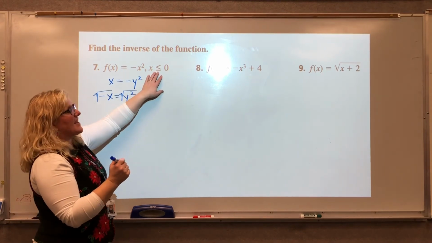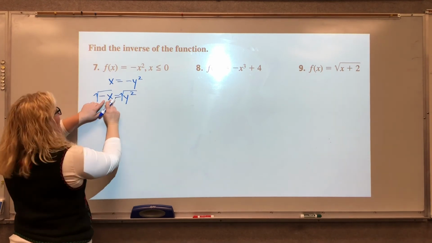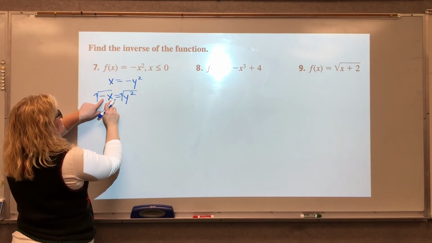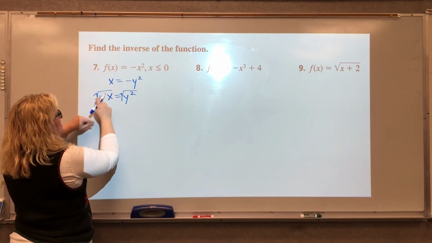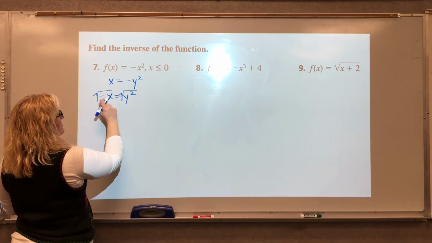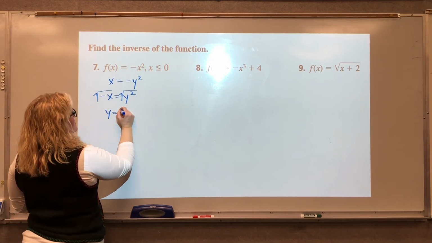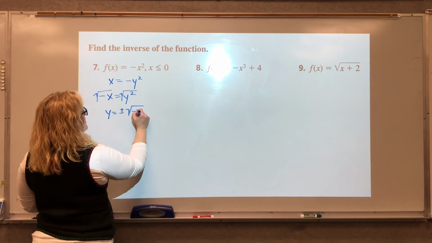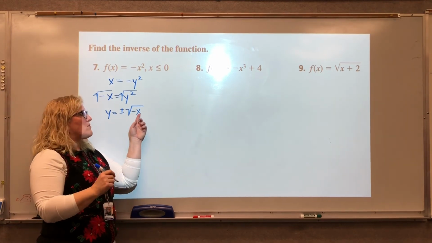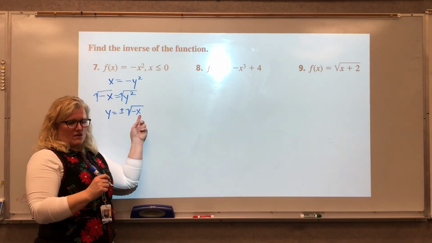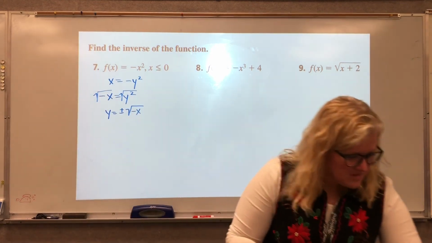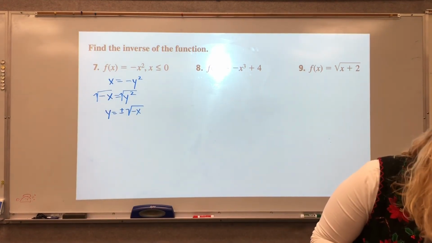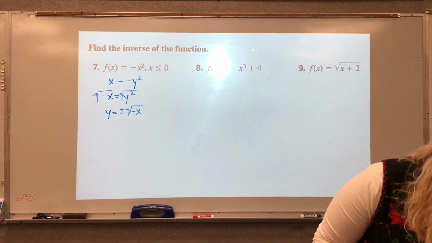Remember, x is negative, so this is a negative number, and I'm putting a negative in front of it. So this is actually a positive number. So y equals plus or minus the square root of negative x. I know that's really weird, but remember, x is negative. Let me double check that one, because that's a little weird.